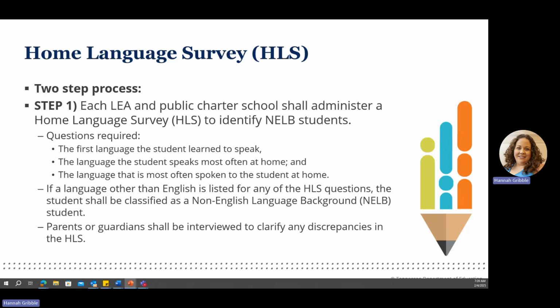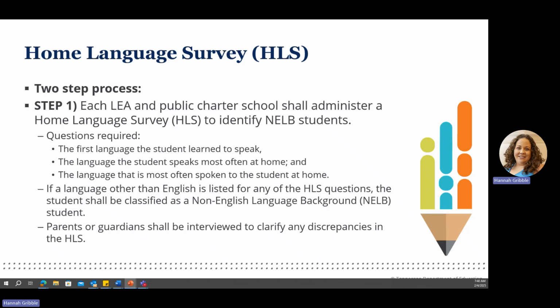Parents or guardians may need to be interviewed to clarify any discrepancies in the HLS. Discrepancies would be things like the first two questions being English and the third question Spanish. It may be that there's someone that occasionally is in the home that speaks Spanish, but maybe doesn't necessarily speak Spanish to the student.